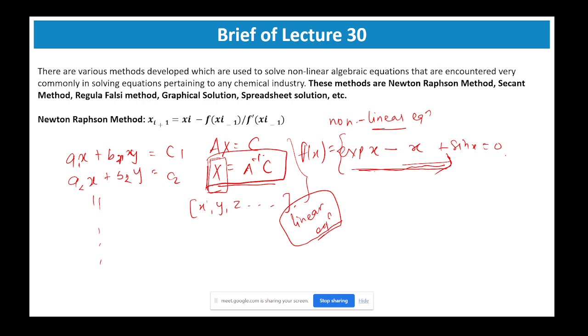To solve that, there are various methods, for example Newton-Raphson, secant method, Regula-Falsi, graph, spreadsheet solution, etc. These are amongst them. Newton-Raphson method is the most common one. So I will discuss Newton-Raphson in brief.